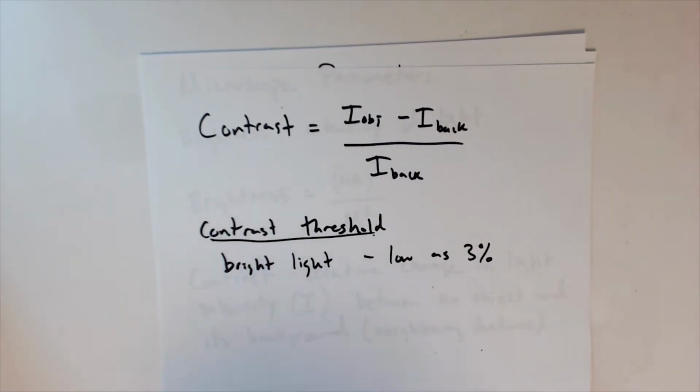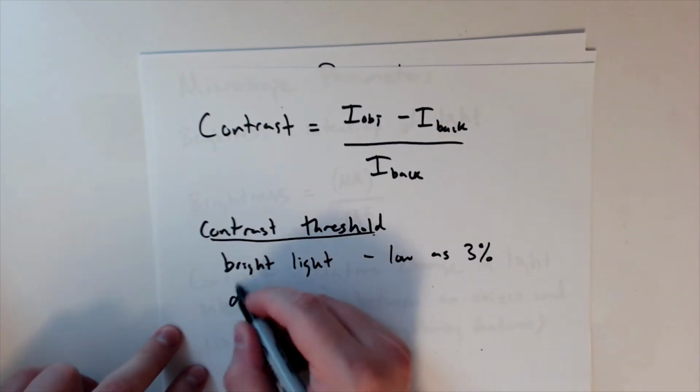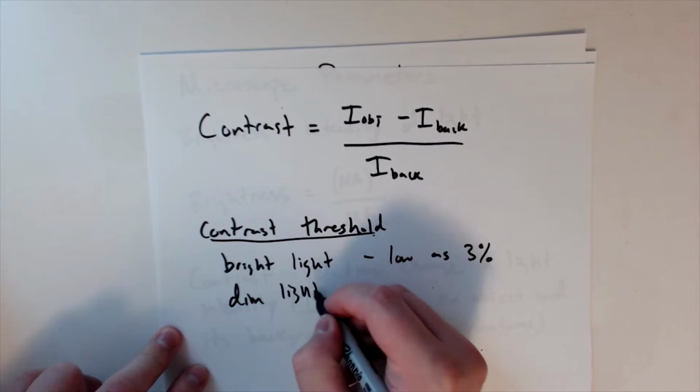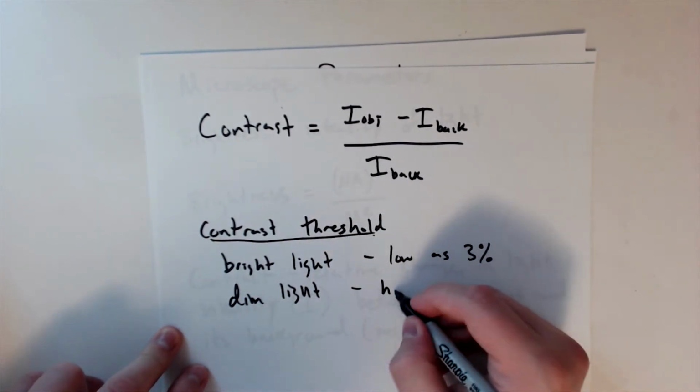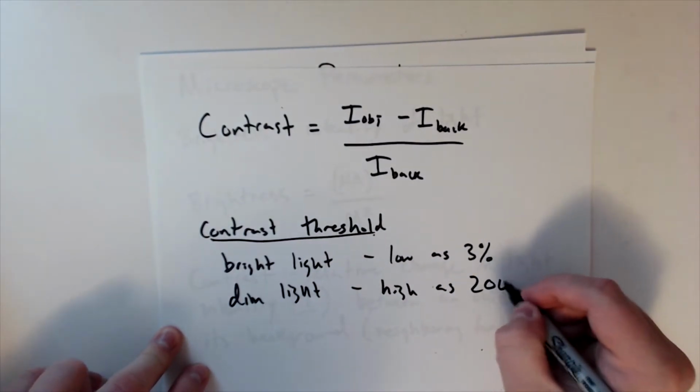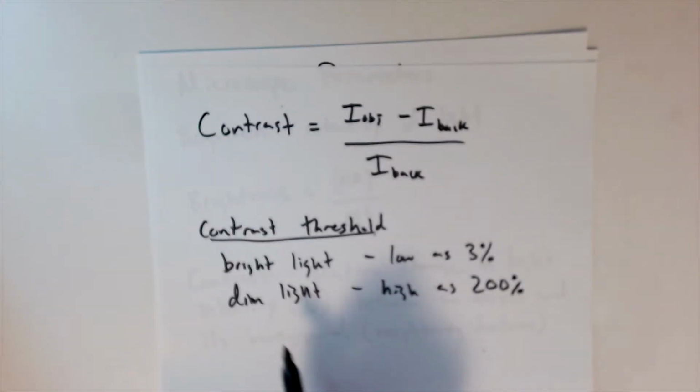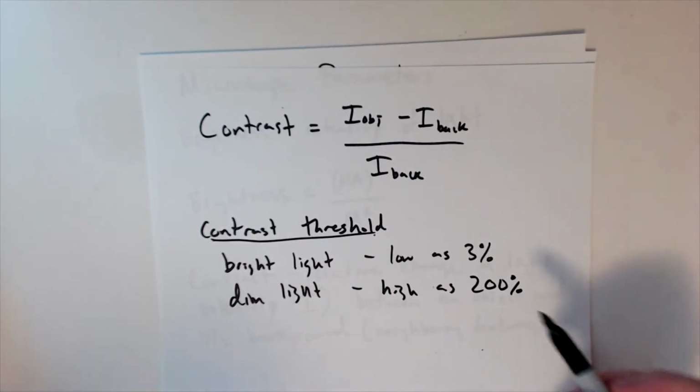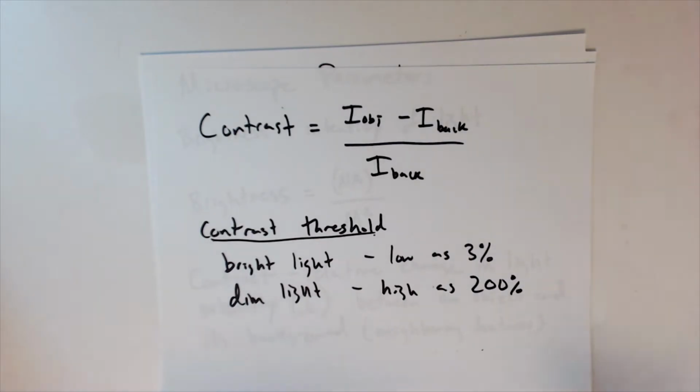If something's well lit, then the contrast level is a lot lower. This should be intuitive from the way you visualize things at night versus day. If we have dim light, then this could be as high as 200%. There's a huge difference in terms of the lighting. That's why you always hear contrast and brightness connected, because there's a strong connection between the two.